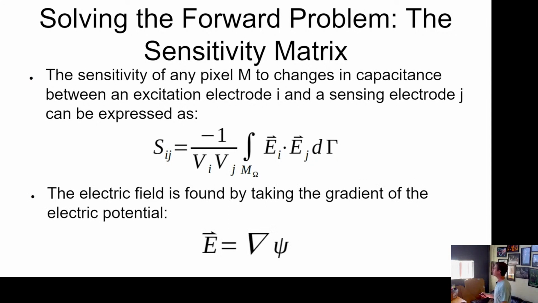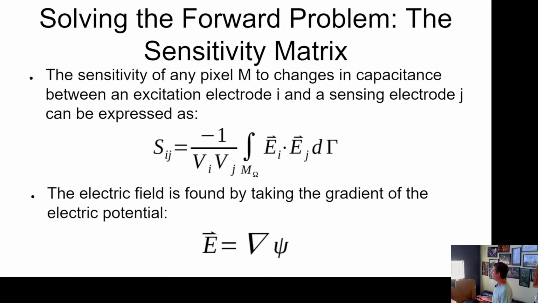We take the dot product of the electric field between any two excitement and sensing electrodes divided by the voltage applied to the electrode, and we sum over all of the space that is of interest for that particular pixel.